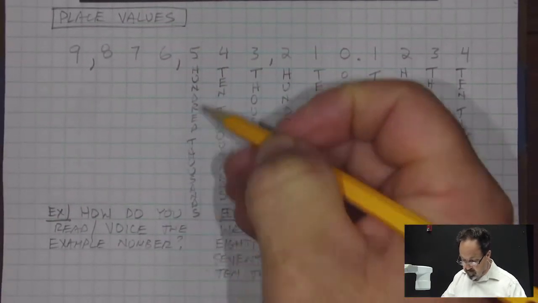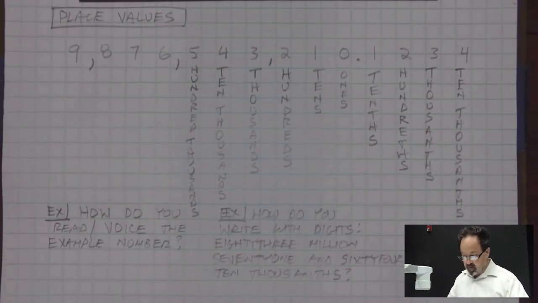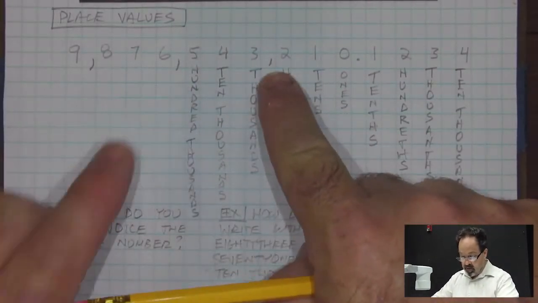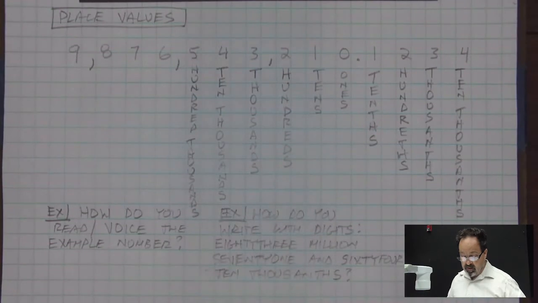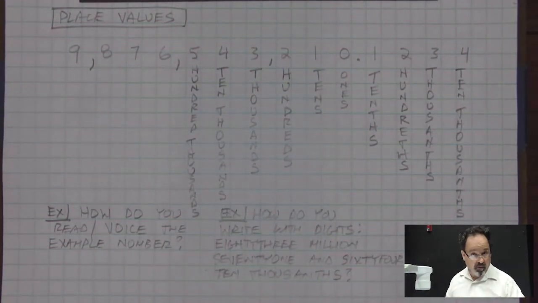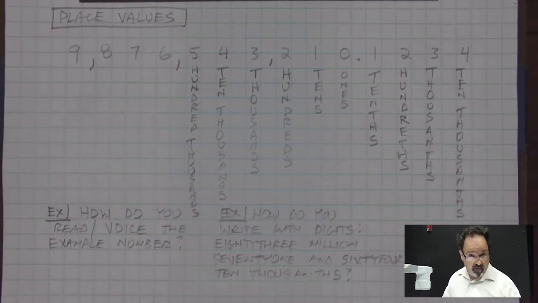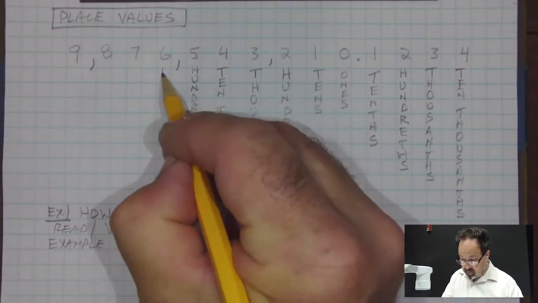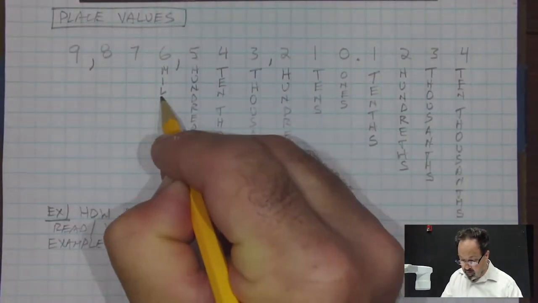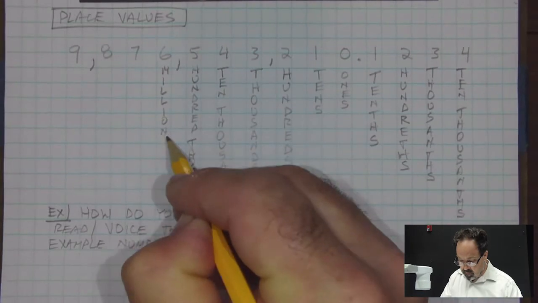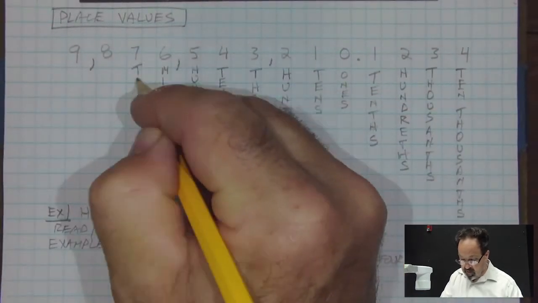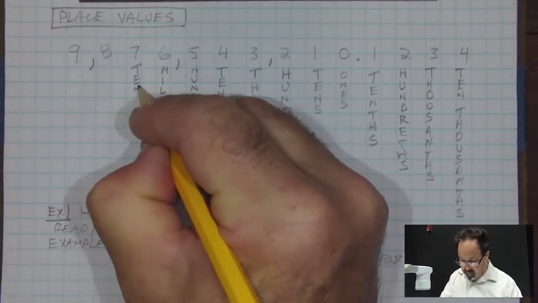I'm going to stuff that long name in there. So we have commas here, and this group of 3 is how many thousands belong to the overall number, 543 thousands. This group here is the millions. The 6 belongs in the place that we call millions. The 7 then is in the tens of millions.